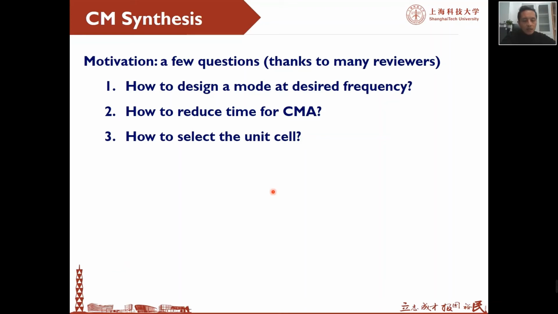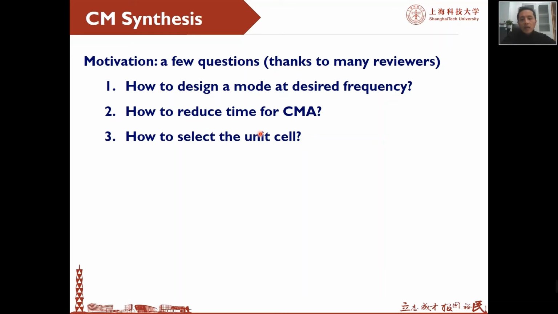And since the metasurface is usually very large and the unit cell is very small, the characteristic dimension is very small, usually defined by the minimum length or width of the unit cell or the slot width between the unit cells. So usually we have a very large number of meshes, so how to reduce the time for CMA, because it takes quite a long time?